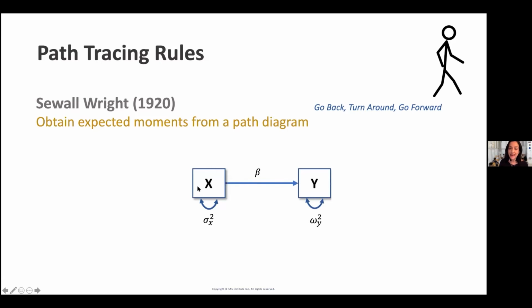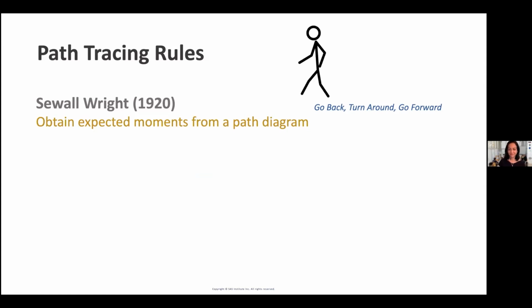I can turn around through double-headed arrows, only through double-headed arrows can I turn around. And I can go forward back to Y through that one-headed arrow. So that's what we mean when we're talking about going back, turning around, and going forward, is tracing that path diagram. I'm going to play it again just so you guys memorize it. You go back, you turn around, and you go forward.